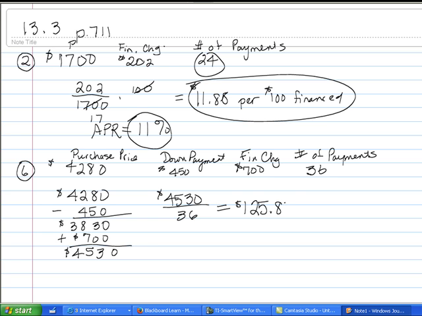Okay, let's move to the next group and we'll do number 10. Find the APR, true annual rate, to the nearest 0.5% for each loan. Alright, so the purchase price is $3,250.